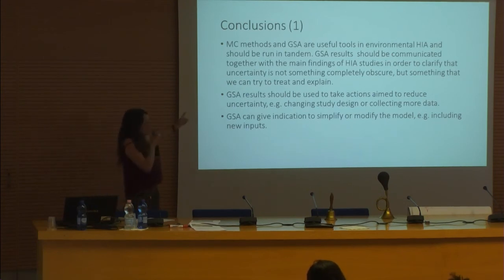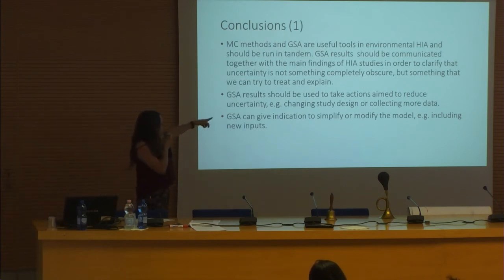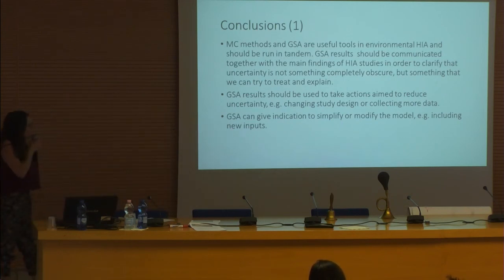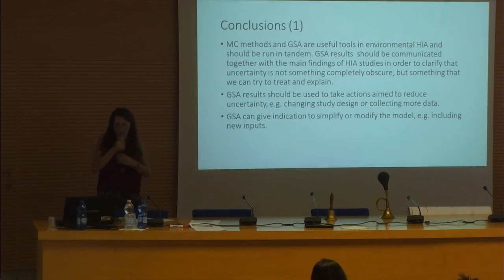Global sensitivity analysis can help us take action to reduce uncertainty, for example, by changing study design or collecting more data. And it can give indications regarding simplification or modification of the original model.